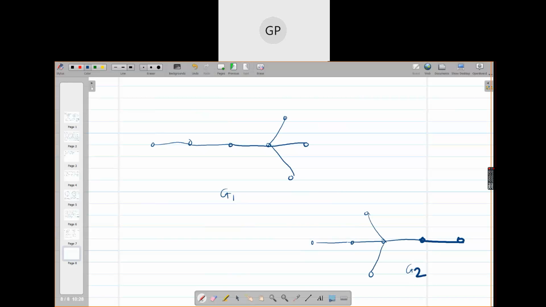Now you draw this example. This is G1. And this is G2. Check whether these two graphs are isomorphic or not.